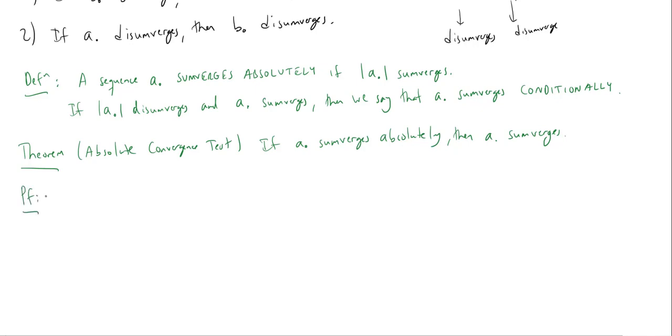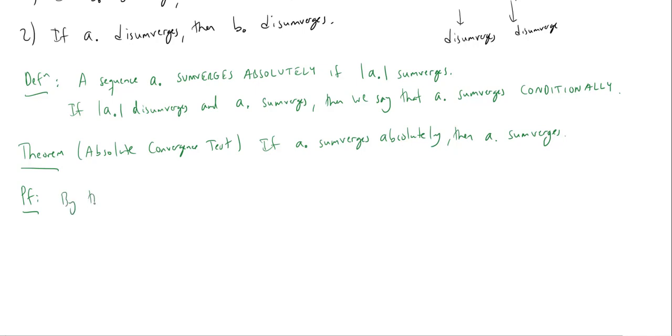Not too bad. So we're going to assume that the sequence subverges absolutely. And by the Cauchy criterion for series, let's write this down before we get too far into it.